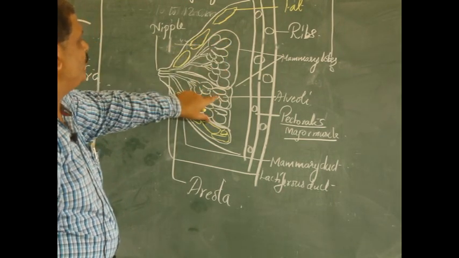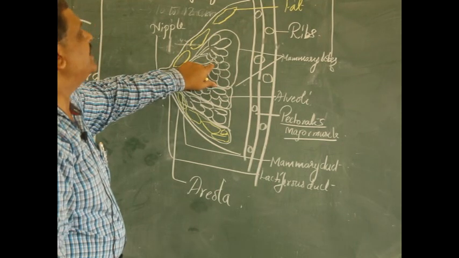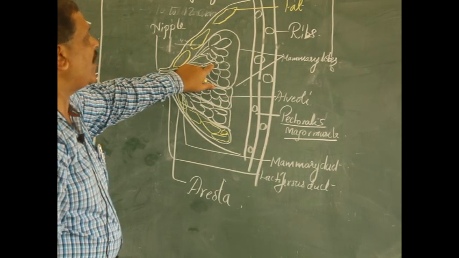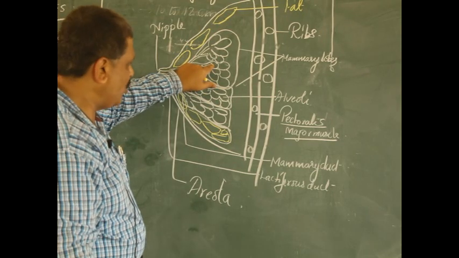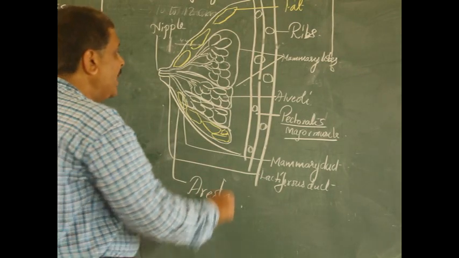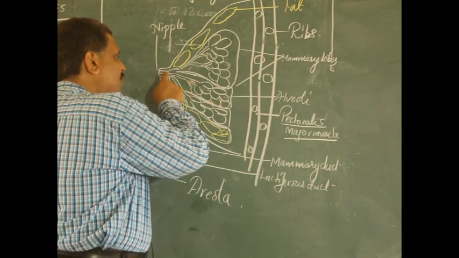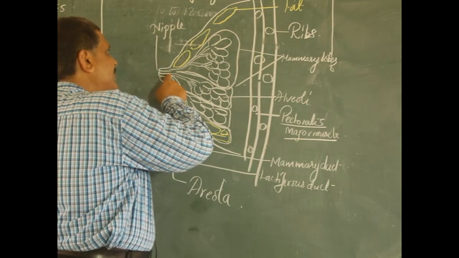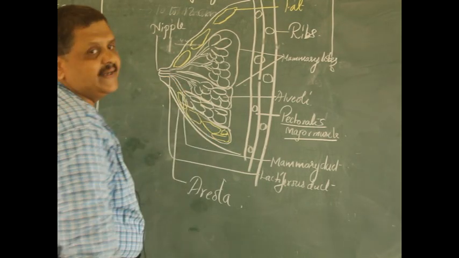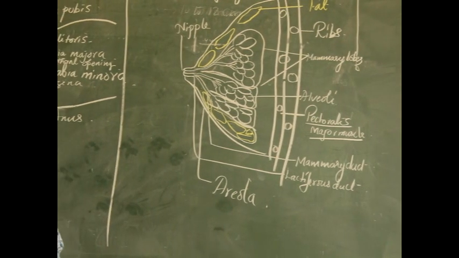Each mammary lobe possesses many sac-like structures called alveoli. They are responsible for the production of the milk, and that milk is diverted to the mammary duct, and from there it goes to the lactiferous duct. From the lactiferous duct, through the nipple, it is ejected out. So, this point you should remember for the exam.